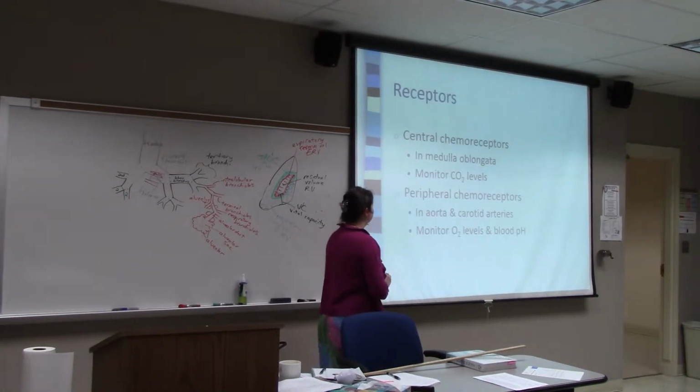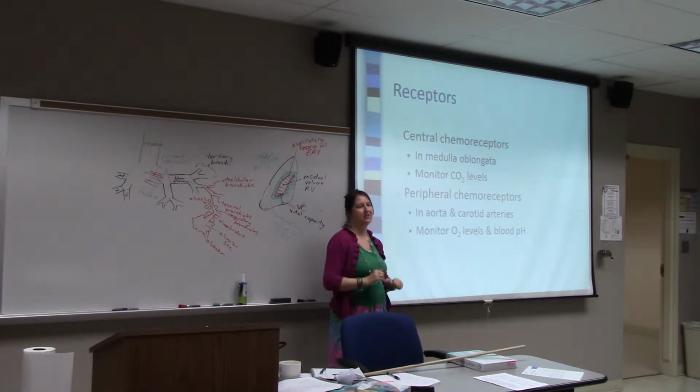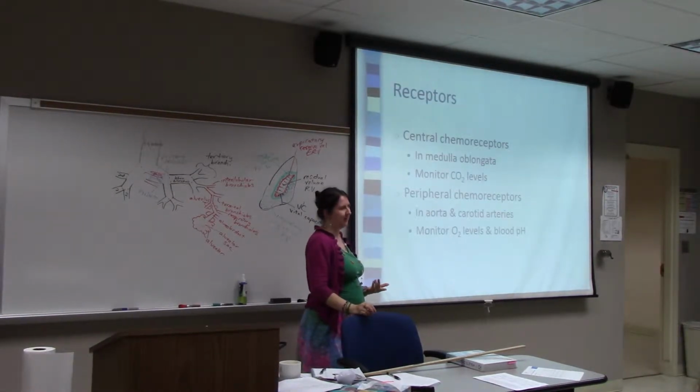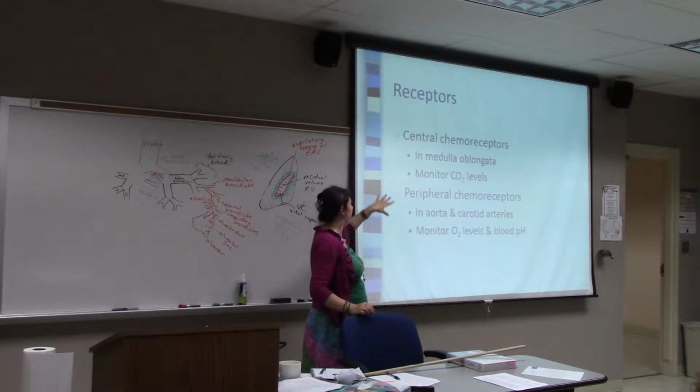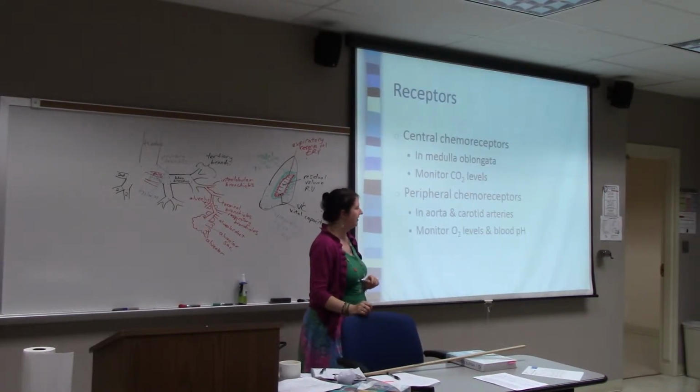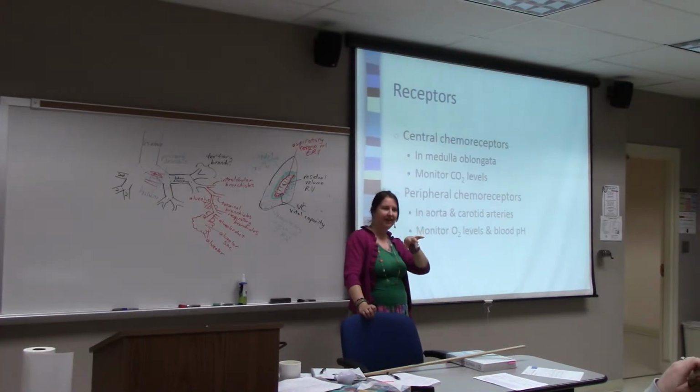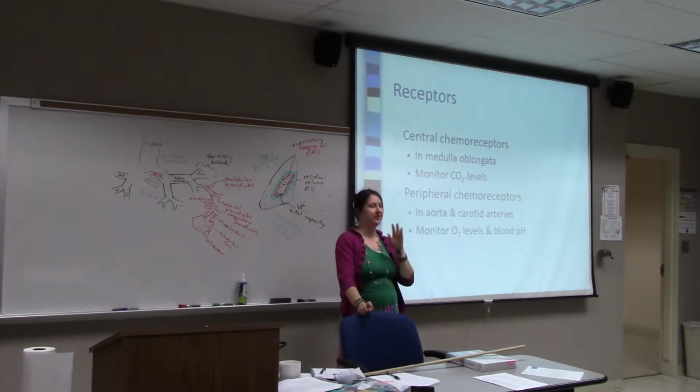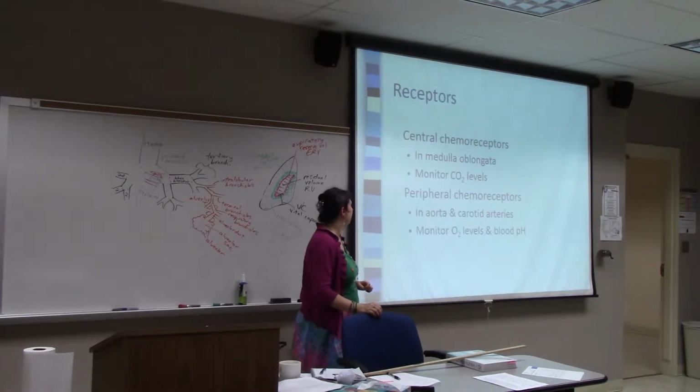The receptors that send the information to the brainstem respiratory centers are called chemoreceptors. There are central and peripheral chemoreceptors. The central ones are in the medulla oblongata, and they monitor carbon dioxide levels. Because they're right there, they get the strongest input, so CO2 is the most important factor in breathing rate.